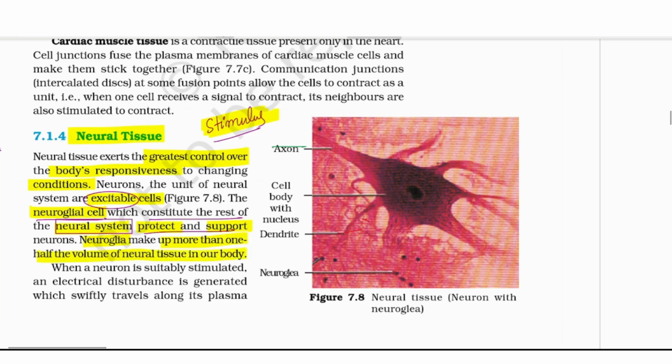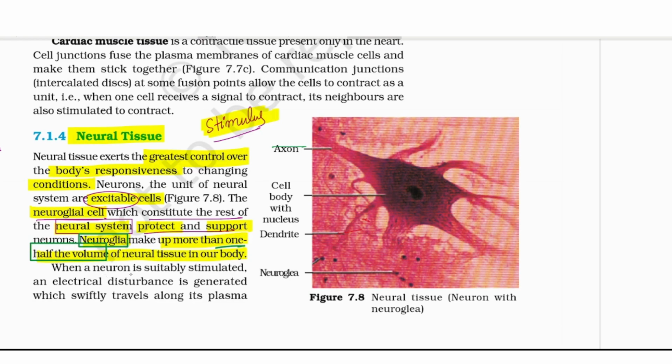This is a very important line that you should mark here, that the neuroglia cells are more than the neuron cells. Why? Because the neuron cell's function is the transmission of the signal, but the neuroglia cells give protection to them. So they are more than one half of the volume of the neural tissue.